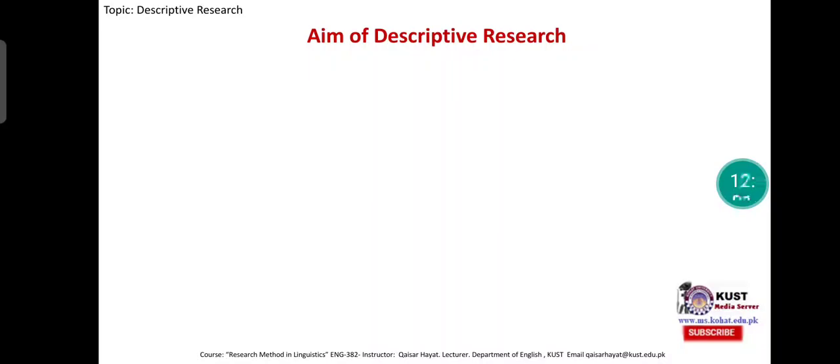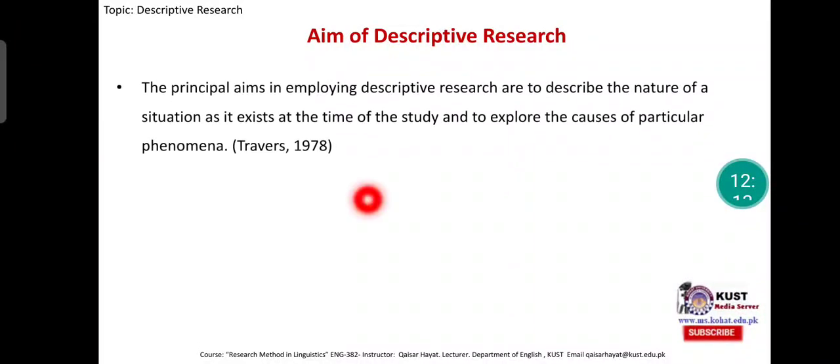Aim means, under the umbrella term, your purpose, your main thoughts under which you are taking your research forward. So what should be the aim of your research? The principal aim in employing descriptive research is to describe the nature of a situation as it exists at the time of the study, and to explore the causes of particular phenomena.